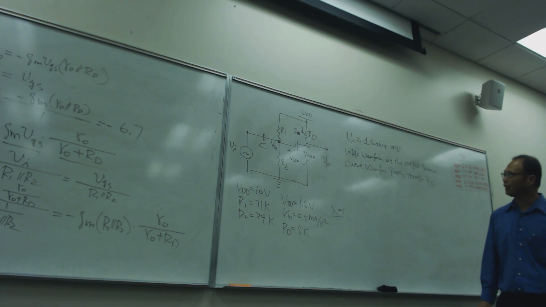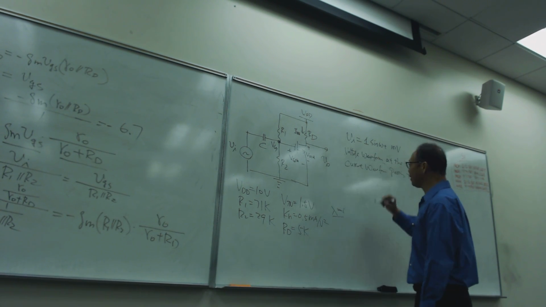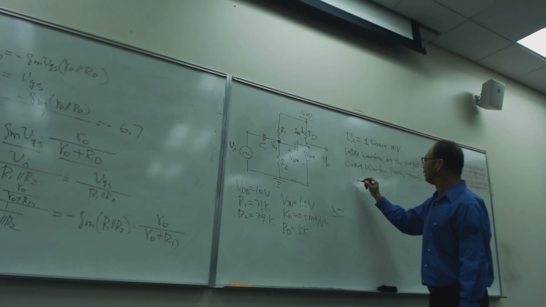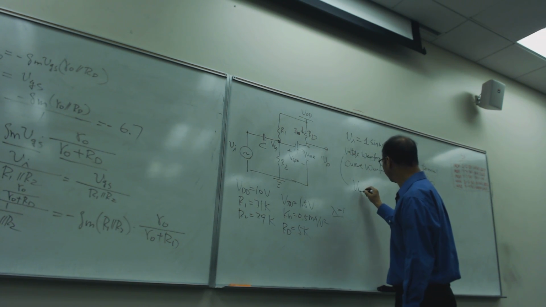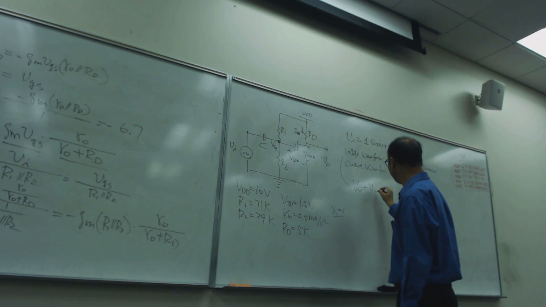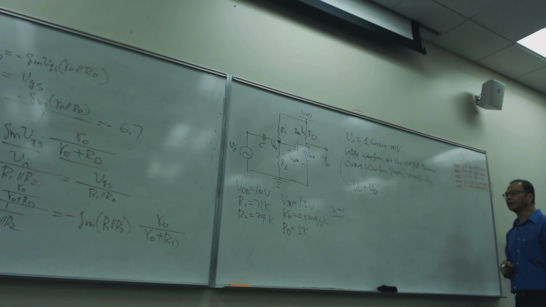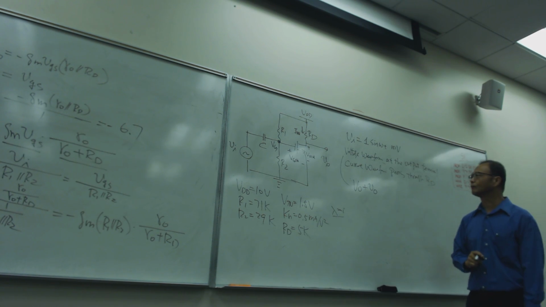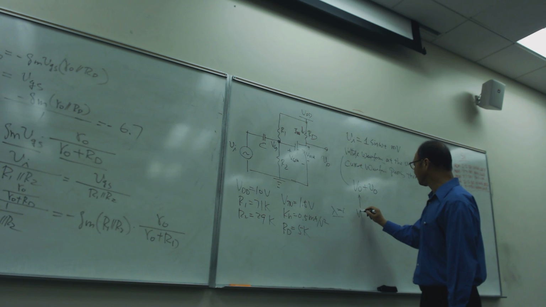The voltage waveform has two components, right? It has the DC component and it has the AC component. Yes? Okay, so what is the DC component? The DC component, if you look at the circuit, should be the same as what?